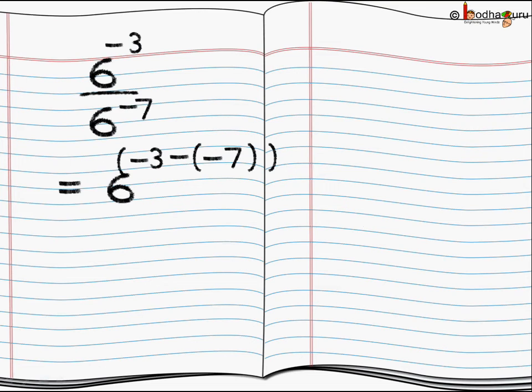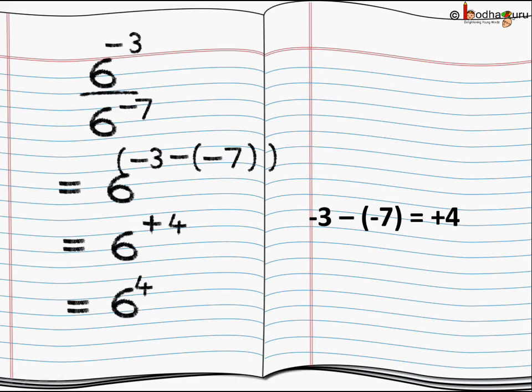And what is it equal to? Minus 3 minus minus 7 becomes equal to minus 3 plus 7, and we know minus 3 plus 7 is 7 minus 3, which is equal to 4. So here we get the power as 6 to the power plus 4, which can be written as 6 to the power 4.